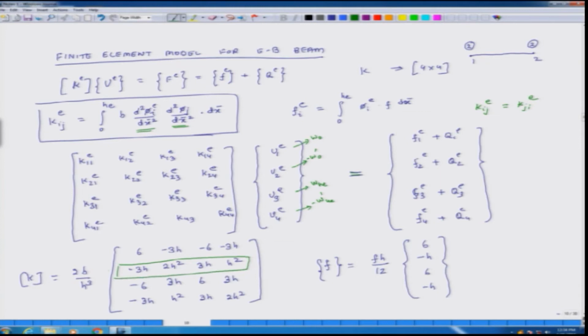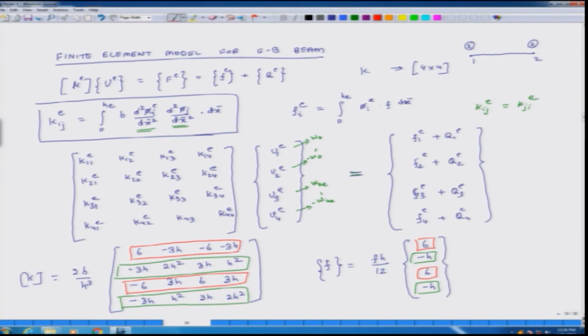This row, the second row and the fourth row, they have the same terms. Same thing is here also, second row and fourth row, they have the same terms, and then the first row and the third row, they have the same terms, both on left and right side.